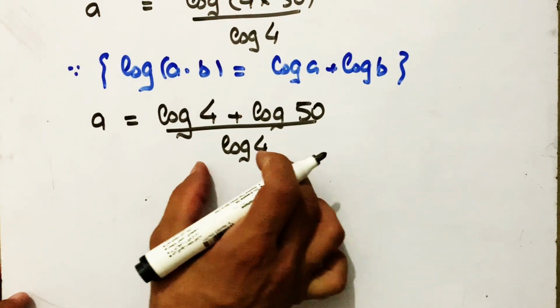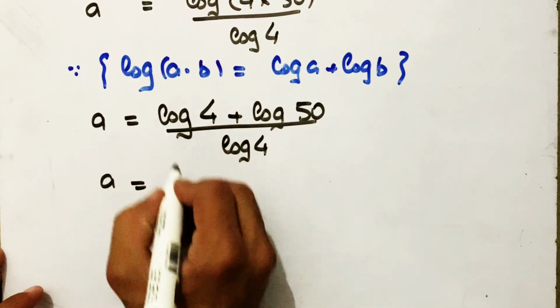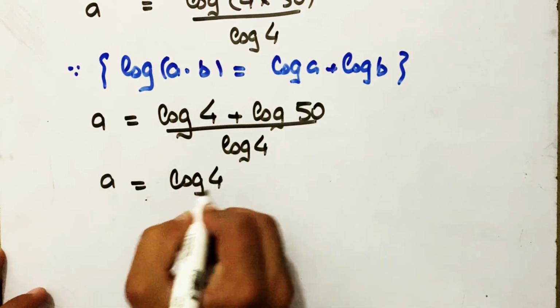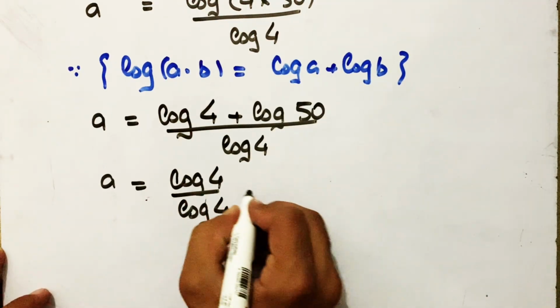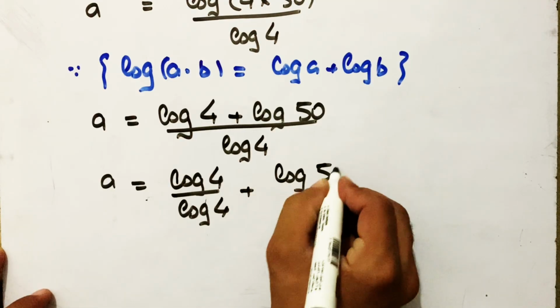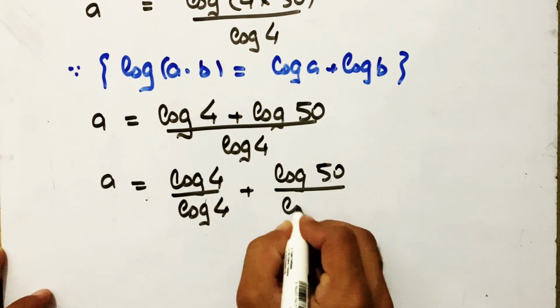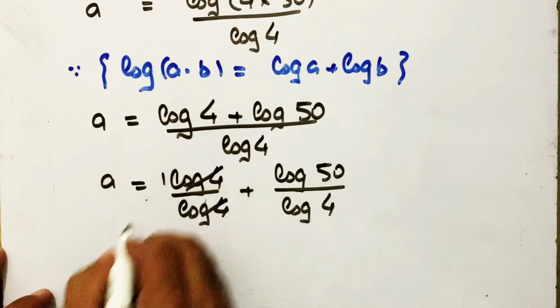Now separately divide both by log of 4: log of 4 divided by log of 4 plus log of 50 divided by log of 4. This and this cancel and this is 1.